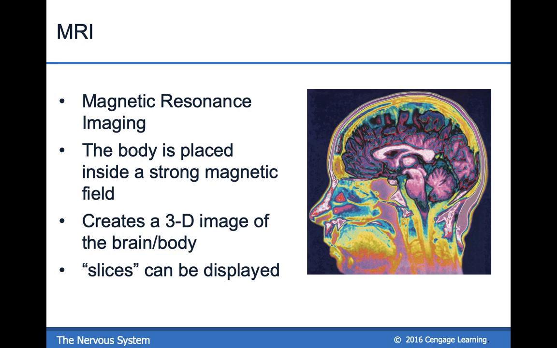But the really cool thing is that this magnet travels around them and it slightly moves the water molecules in the brain, and that allows the camera to see the different structures of the brain. And it creates a 3D image of the brain or the part of the body, and then these slices can be displayed in really fine detail for the doctors to look at. These are a little bit less common because they're really expensive, but they do show a little bit more detail than a CT scan would.